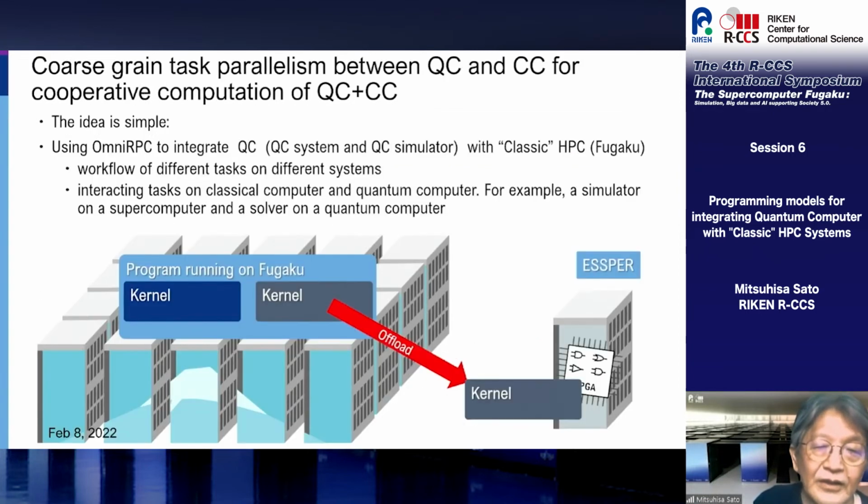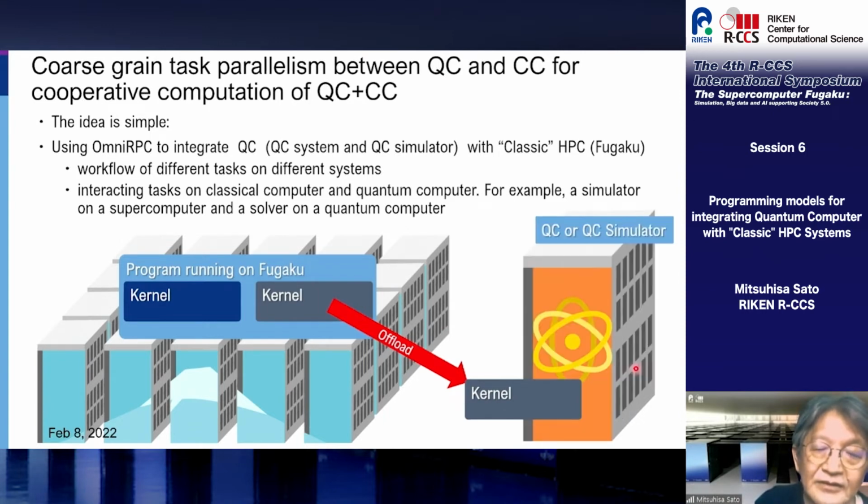The idea is simple. We use OmniRPC to integrate the quantum computer system or quantum computer simulators with a classic system like this. Currently the FPGA cluster is there, but we can replace this part with a quantum computer or quantum simulator.